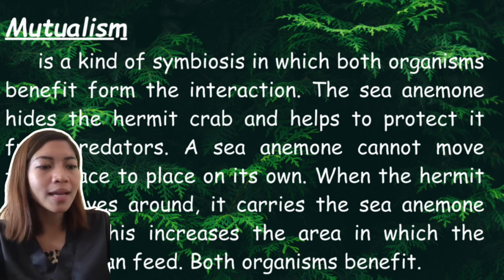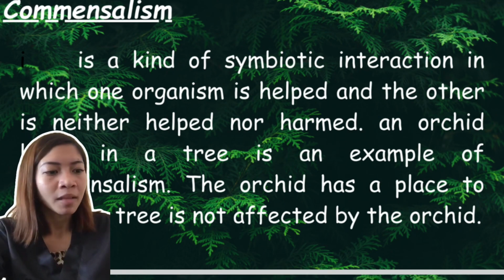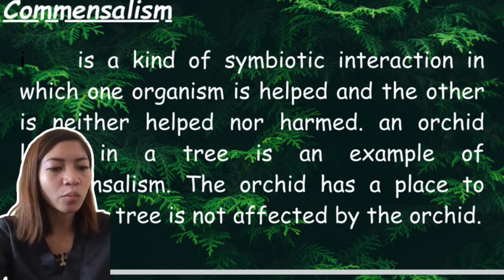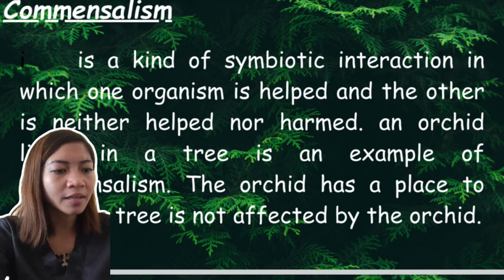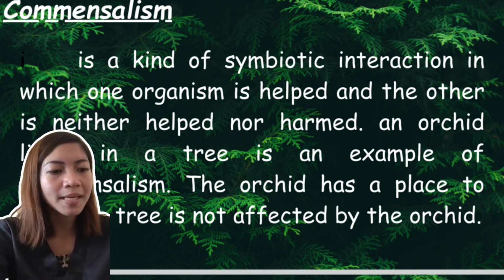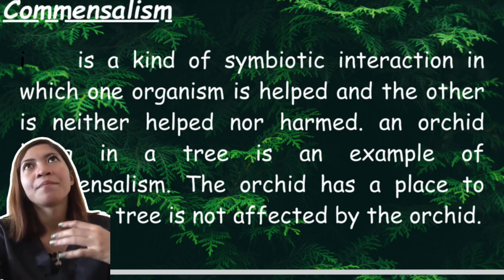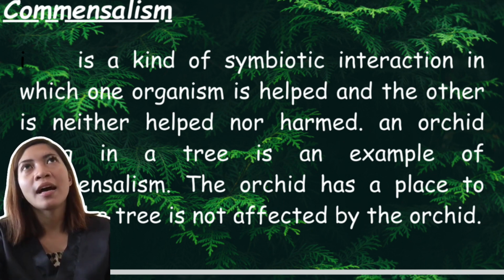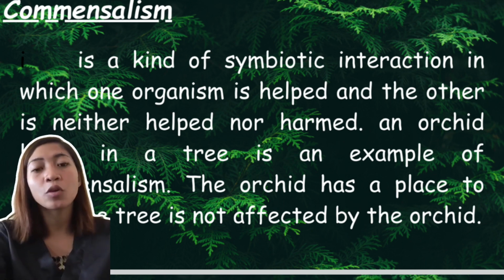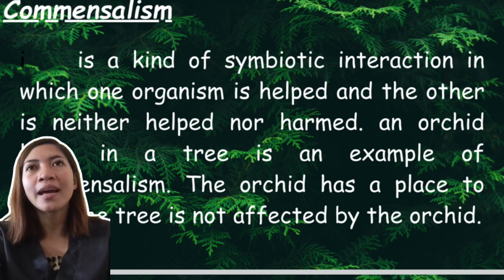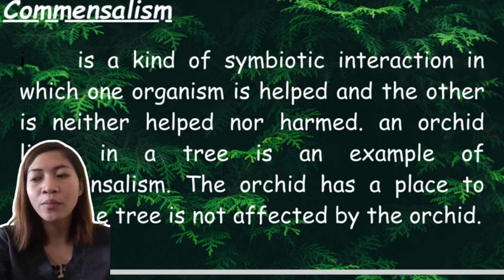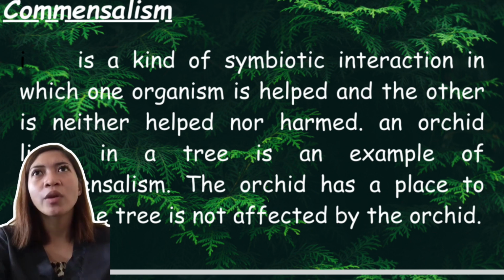And the other one is commensalism. What is commensalism? Commensalism is a kind of symbiotic interaction in which one organism is helped and the other is neither helped nor harmed. An orchid living in a tree is an example of commensalism. The orchid has a place to live. The tree is not affected by the orchid. Katulad nung ginagawa ni mama dati nung may orchid pa kami, nilalagay niya sa puno kasi hindi nabubuhay sa lupa ang orchid.